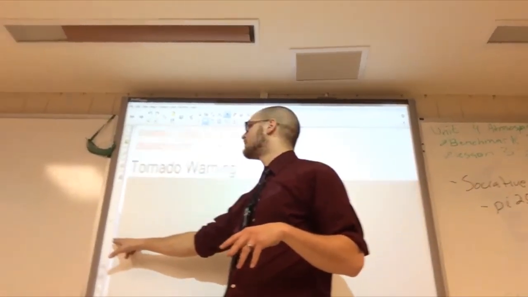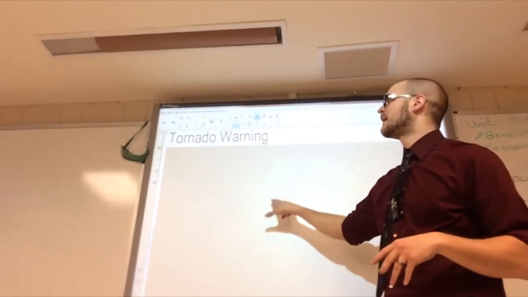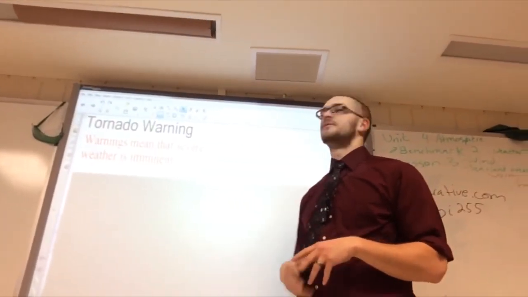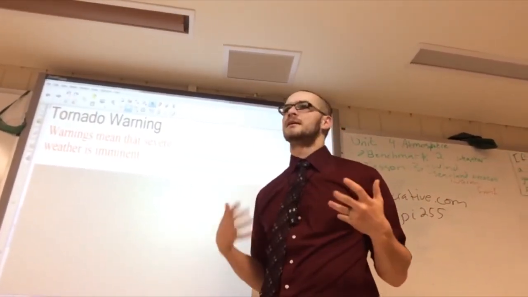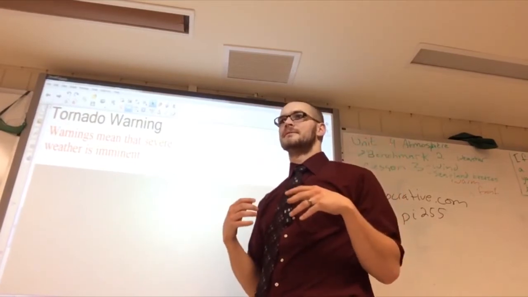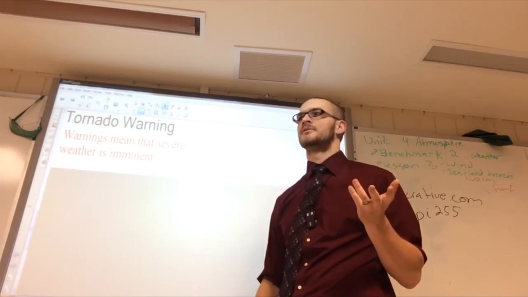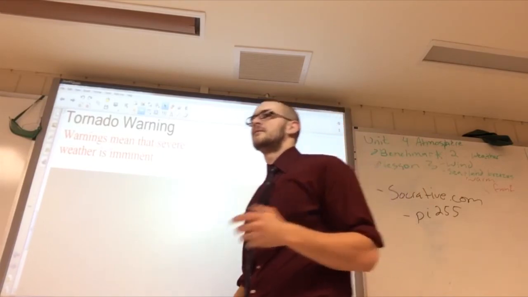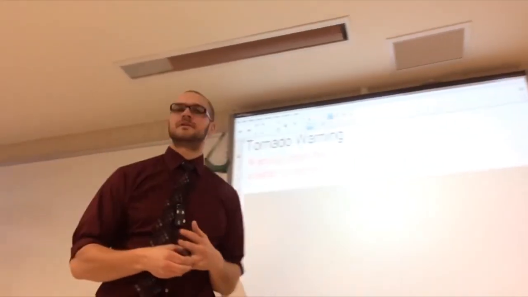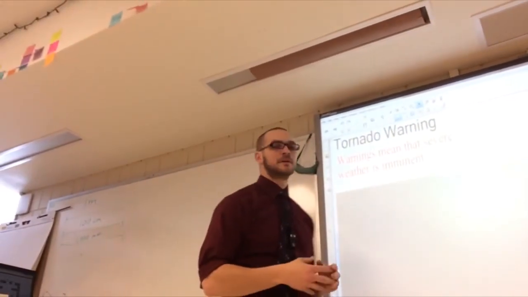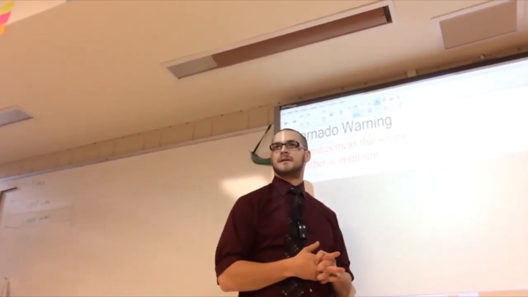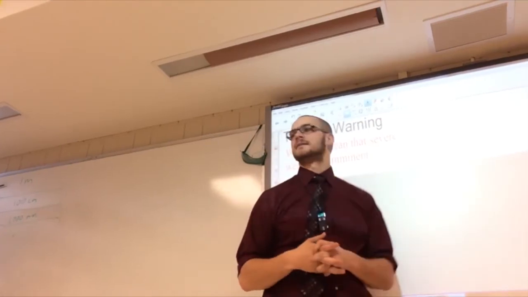The shortest way to describe this is that severe weather is imminent, meaning it's on the way. It's not a guarantee that you're going to have bad weather, but it's a sign that bad weather is highly likely.